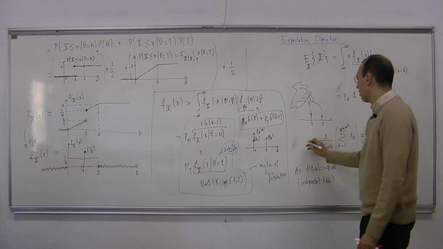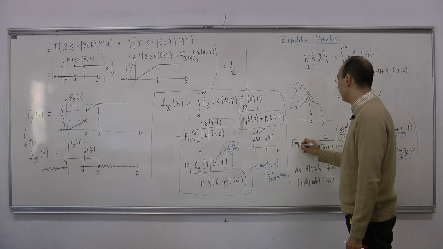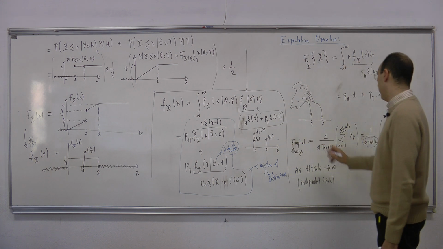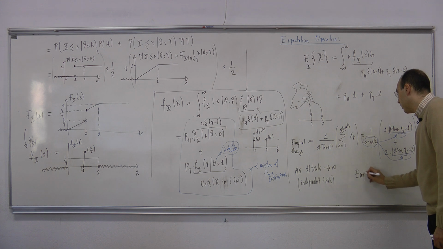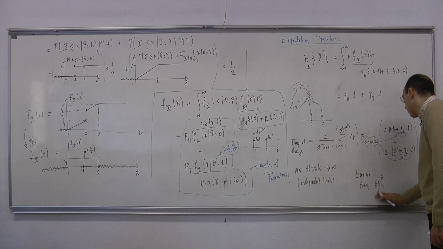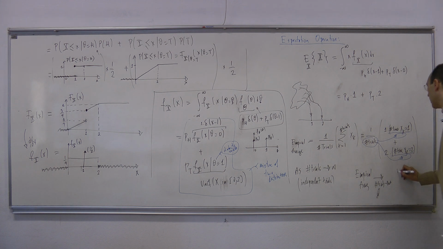This calculation is the empirical average. Empirical means experimental. So the empirical average approaches, as the number of trials goes to infinity, the expectation of x. Over here x is this random variable, and it goes to the expectation of x.